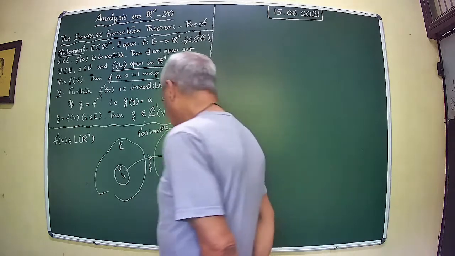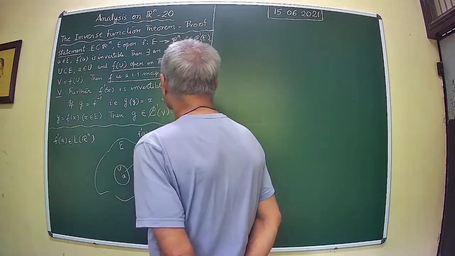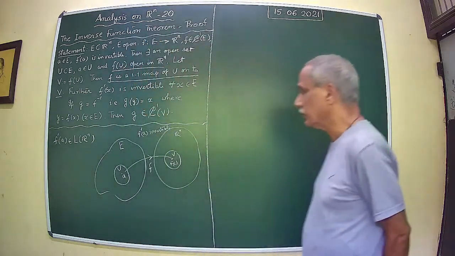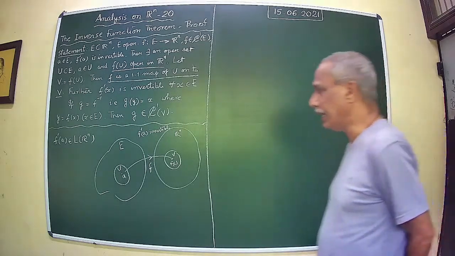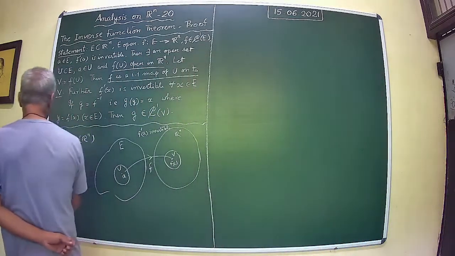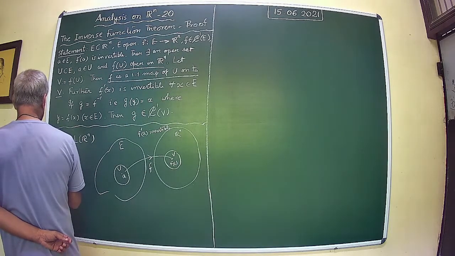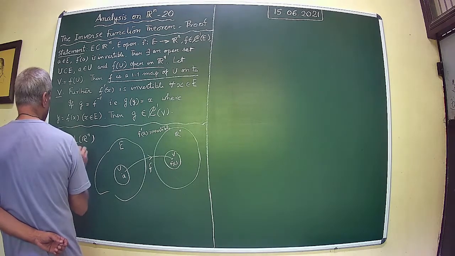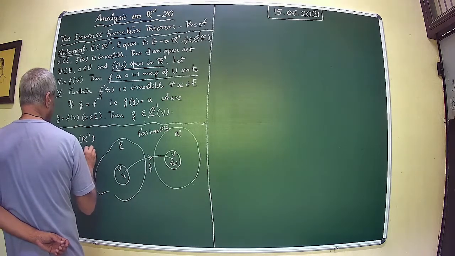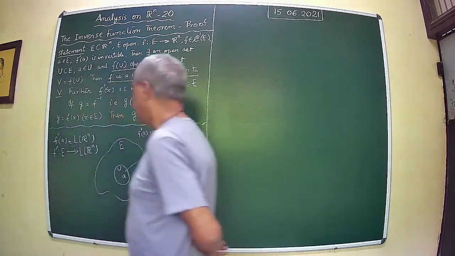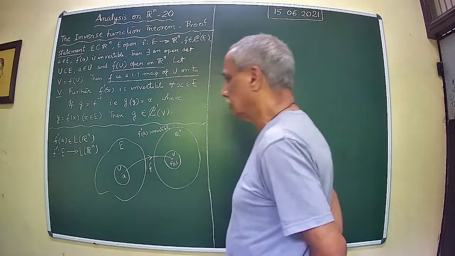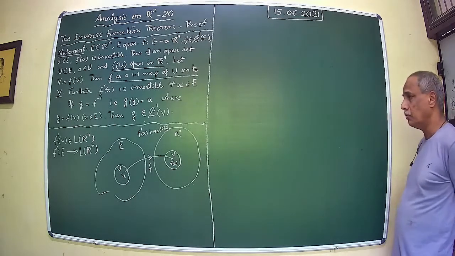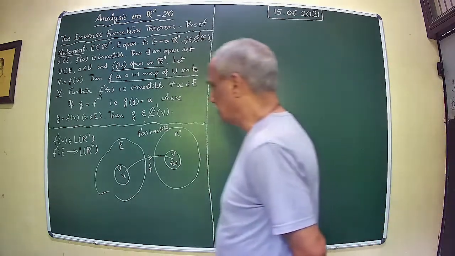And we also assume that F belongs to C1(E). That means F dash can be looked upon as a map from E into L(Rn). And you have the norm here: here it's the norm of Rn, here is the norm of the bounded linear operators on Rn.